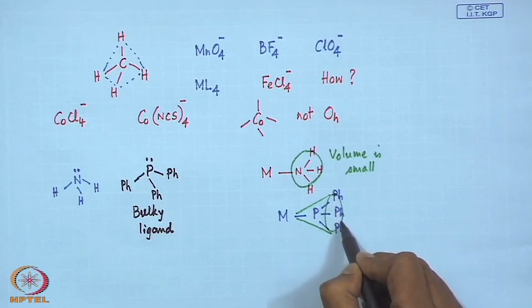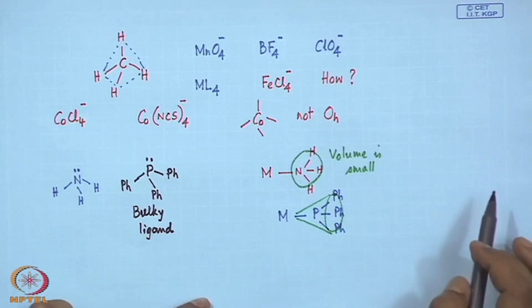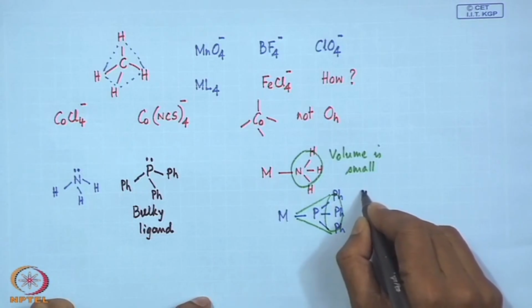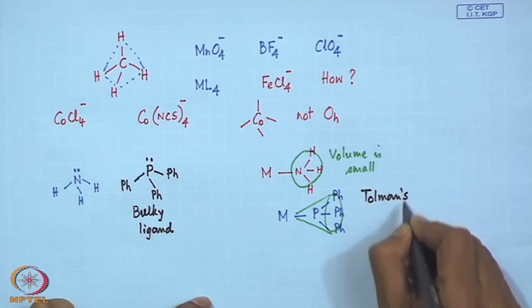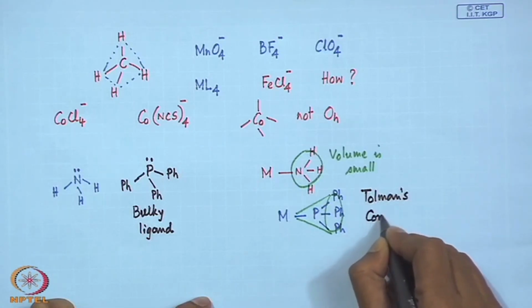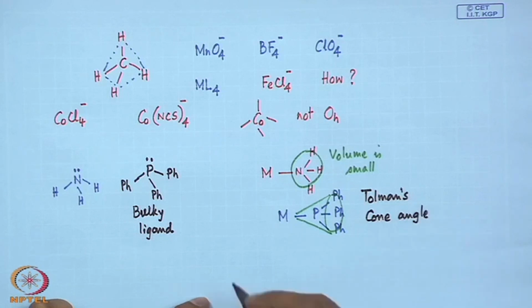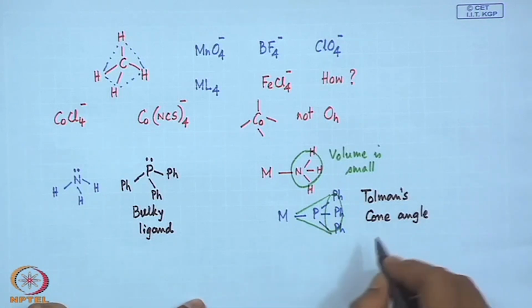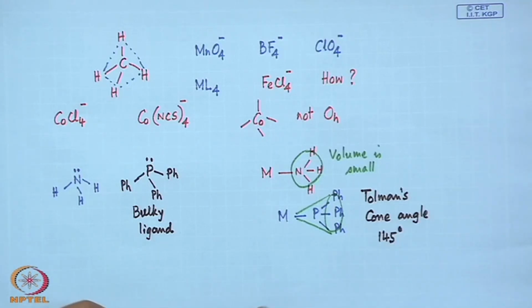we have a funnel type of structure, and this funnel type of structure can give rise to some cone angle, which is known as Tolman's cone angle, and in case of triphenylphosphine it will be around 145 degrees.